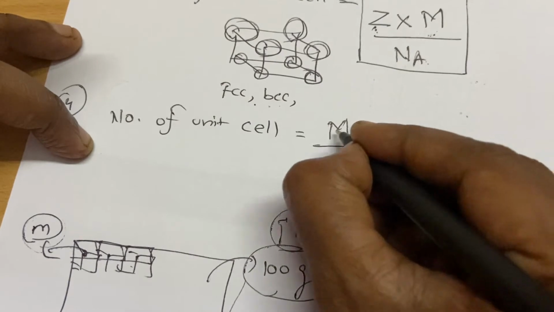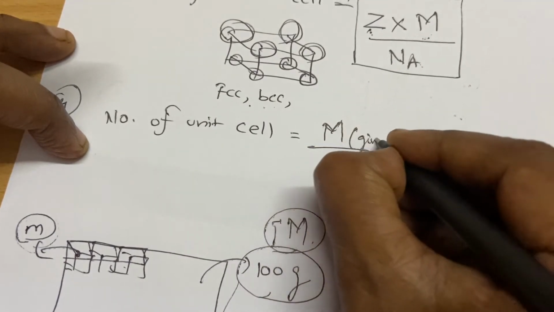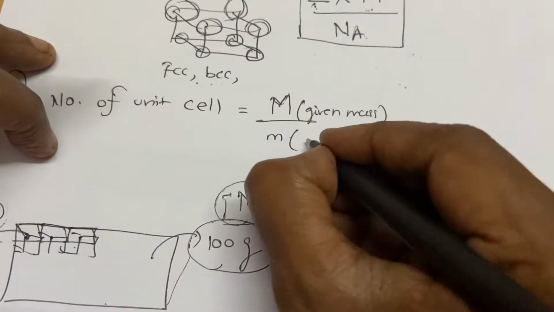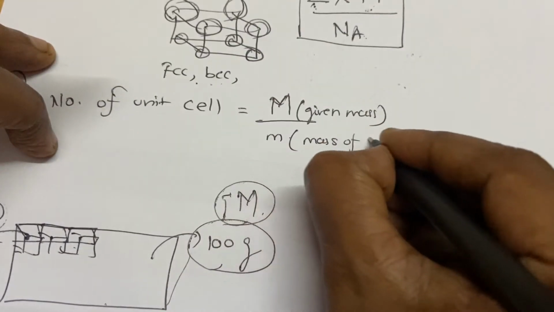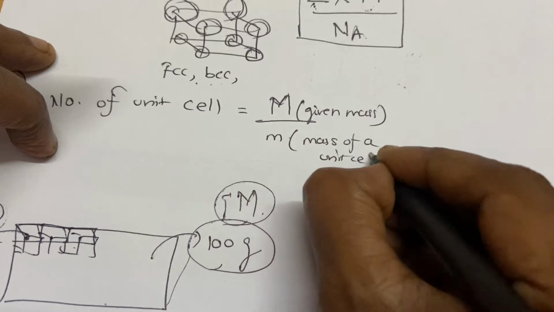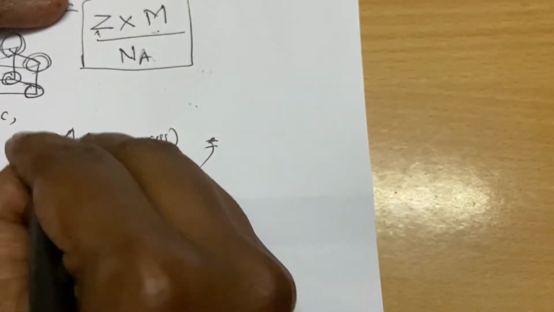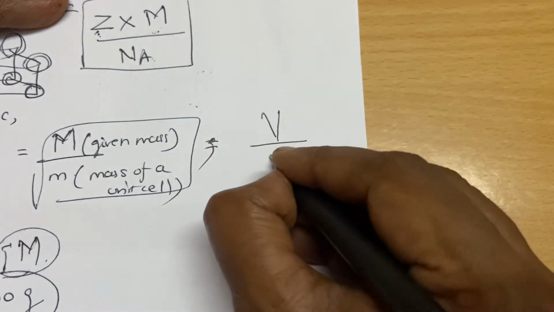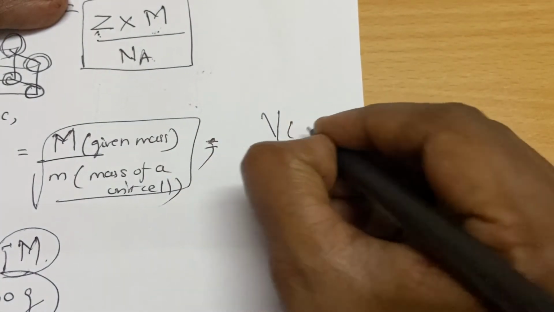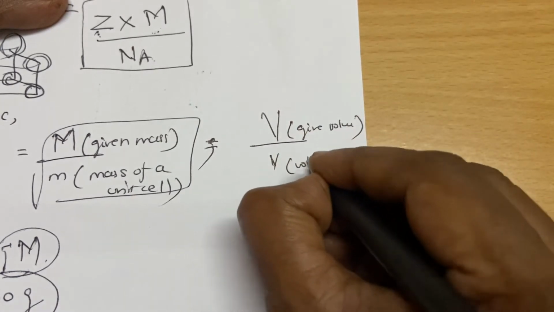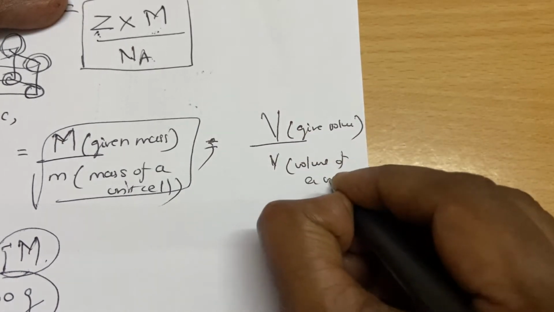So this is the given mass, which I am representing by capital M, and this is the mass of a unit cell. Similarly, you can also use this formula: capital V divided by small v. This is the given volume, and this is the volume of a unit cell.